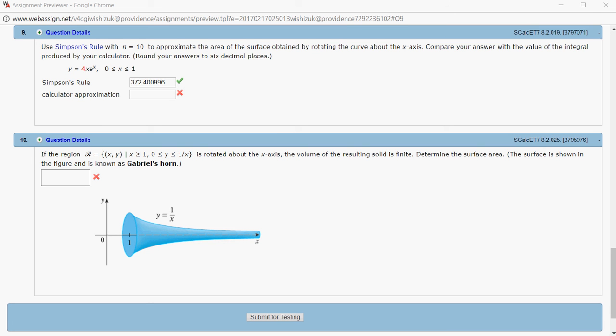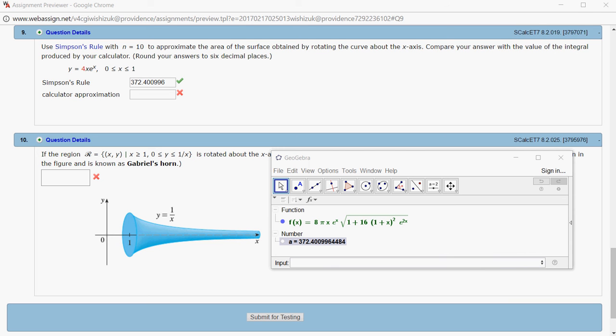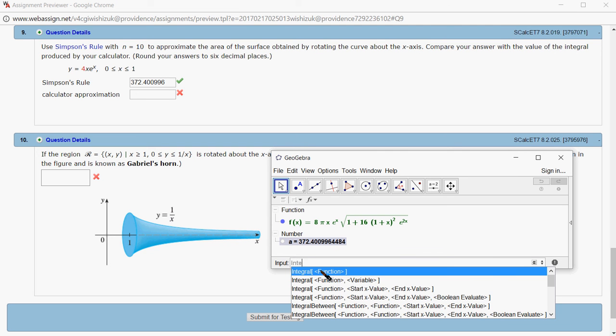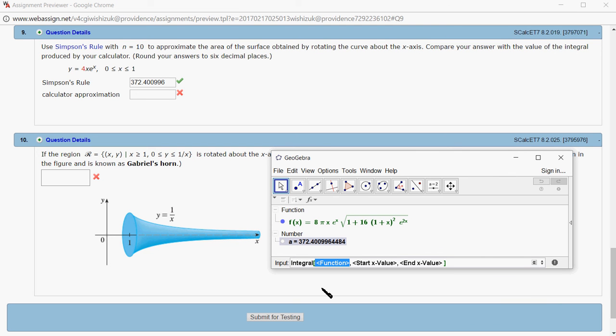Then we're going to do a calculator approximation. Let's bring out GeoGebra again. What we want to do is integrate. The function is already defined, so I'm going to put f of x. The starting value is 0, so this is the lower limit, and the upper limit is 1. Then you hit enter, and it's thinking.